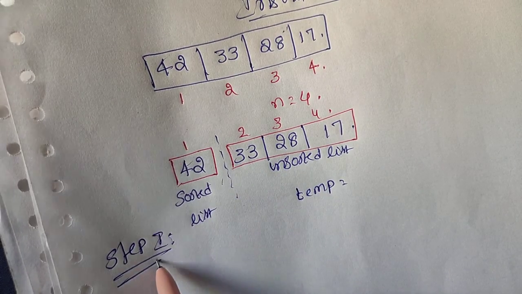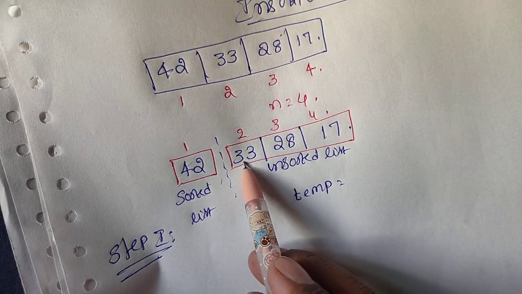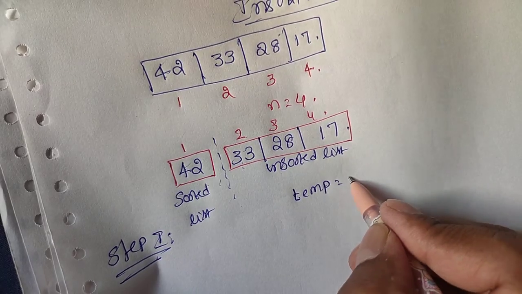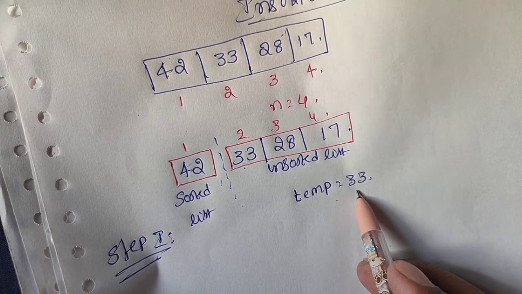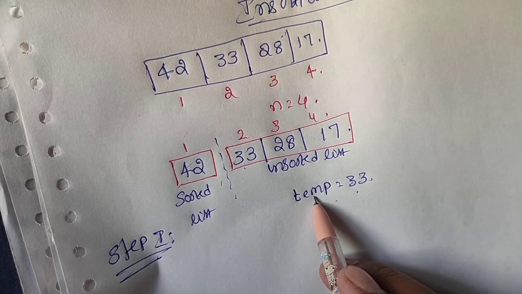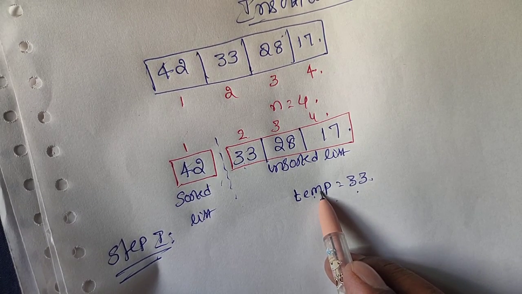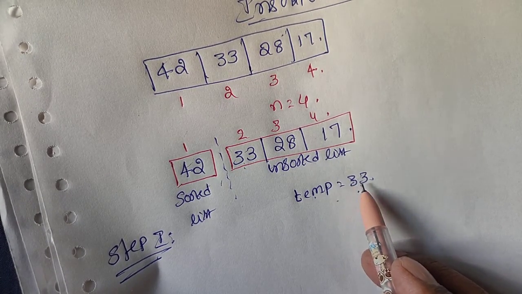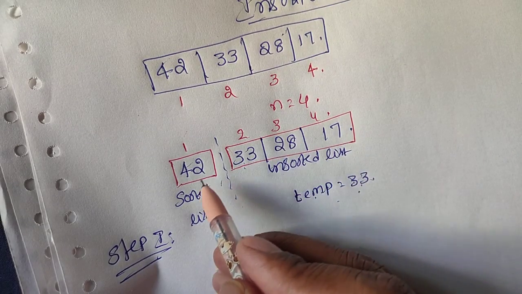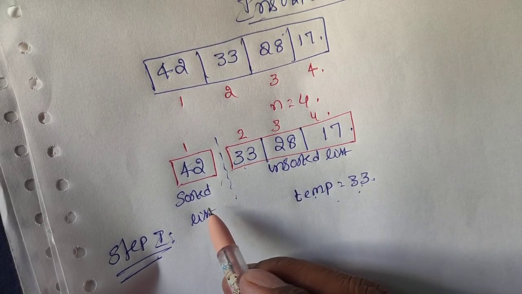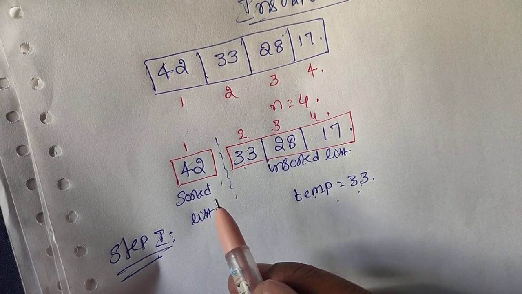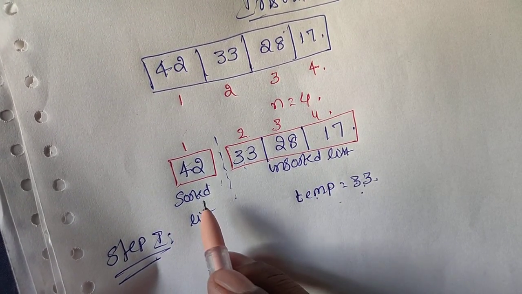In step 1 we take the first value of the unsorted list and store it in the temporary variable, that means temp equals 33. After that, this variable will be moved to the sorted list, but to the appropriate location. This is the sorted list.